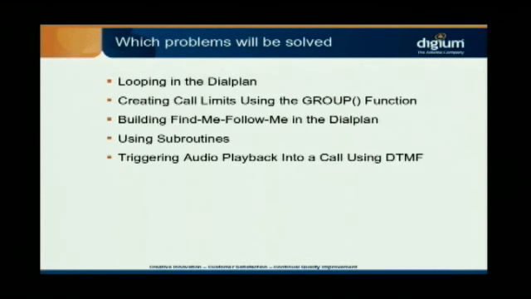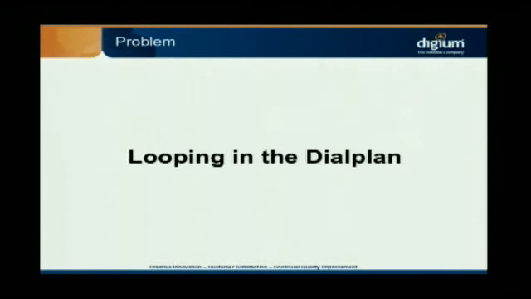Why wouldn't you just use an AGI? Or why wouldn't you just have something that you trigger and have the AMI actually do everything? I just really like trying to do everything in dial plan. I find it a bit of a challenge. So I like taking problems that people provide me and trying to do them all in dial plan. I find that a really good example of craziness.